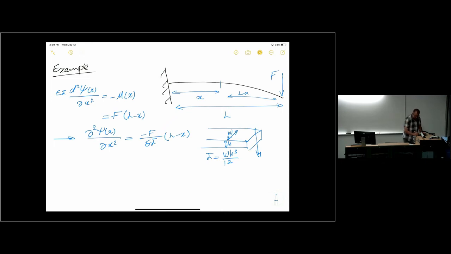So for the same beam, if it is deflecting in this direction, I will be HW cubed over 12. The way to remember this is to think about which direction gives you the most resistance. So if I'm bending the beam downwards, if I put two of these beams side by side, I expect twice the amount of resistance, right?